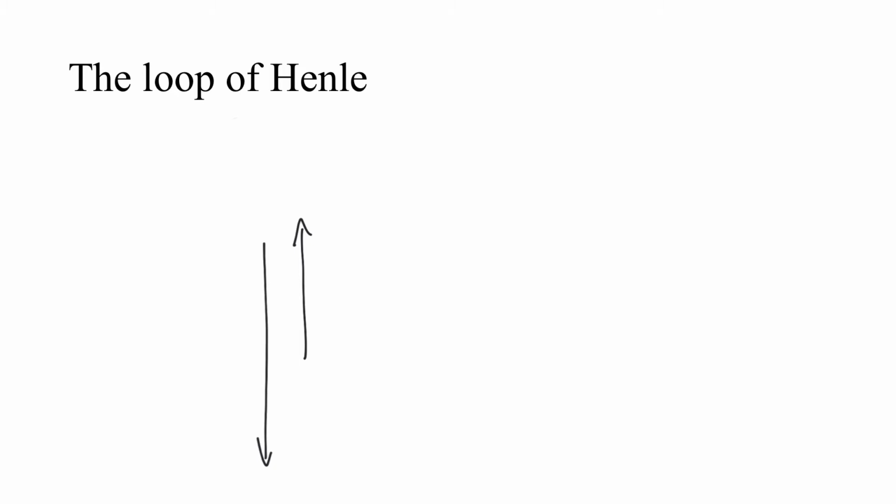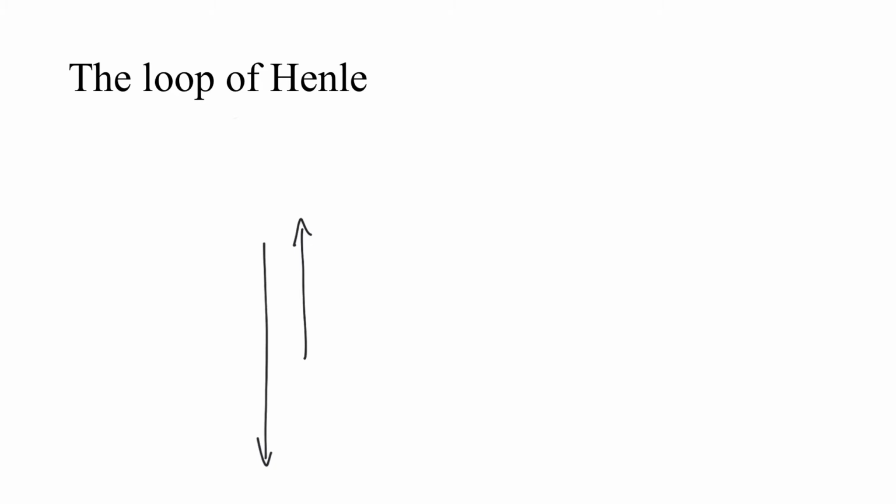So if we just take a look at the solution, as we move down the descending limb, water is leaving. This is causing the solution to become more and more concentrated, and it's also causing the volume to drop.